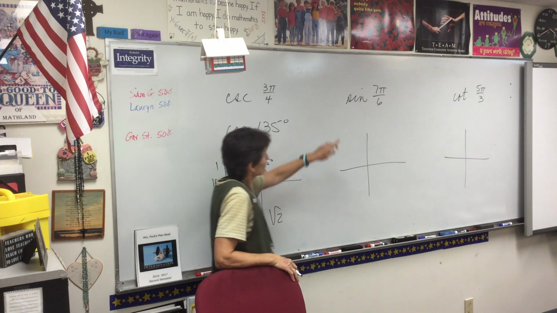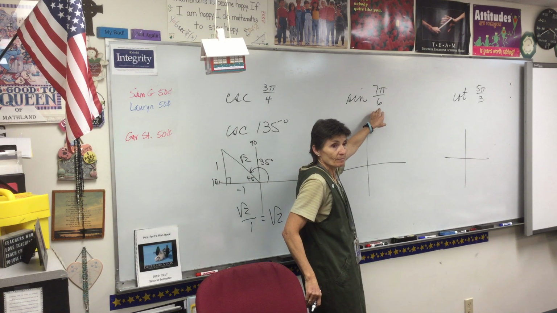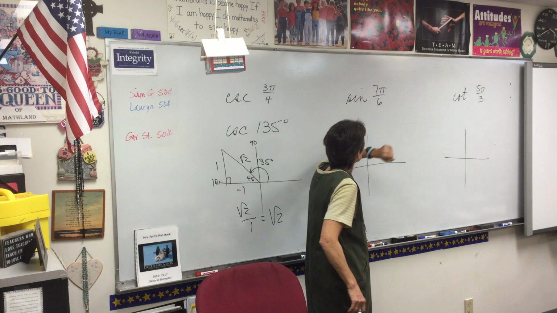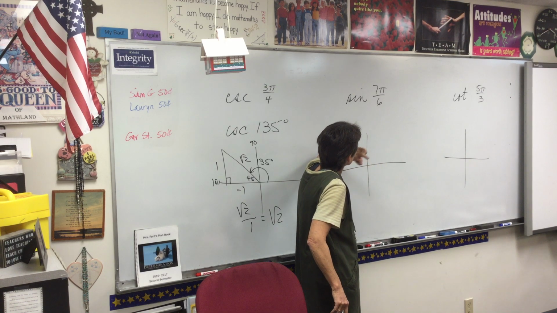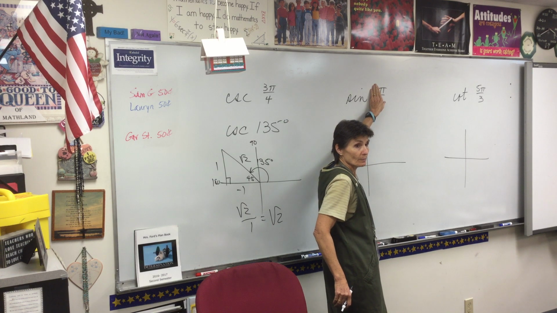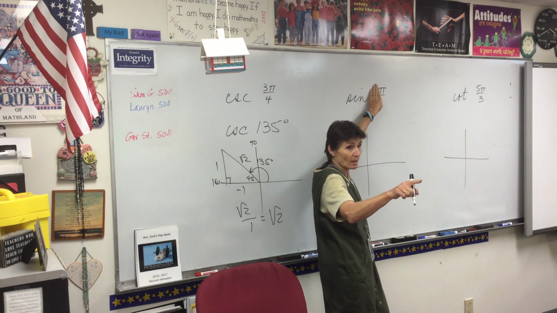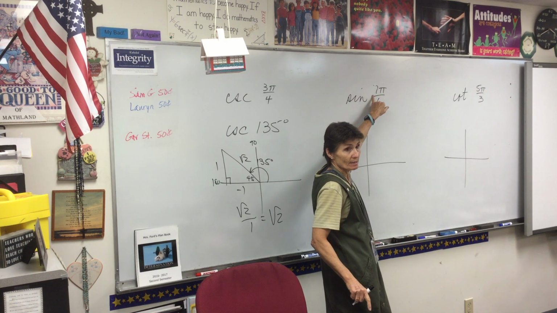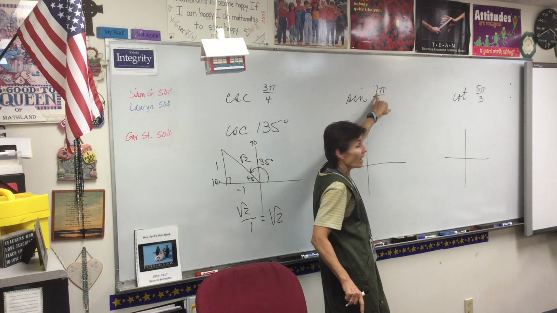Elliot, have you figured out 7 pi over 6? Well, I got 30 over 7. Well, no, wait. That's 180, right? Divided by 6. So that's how you got 30, right? But it's not 30 divided by 7, it's 30 times.